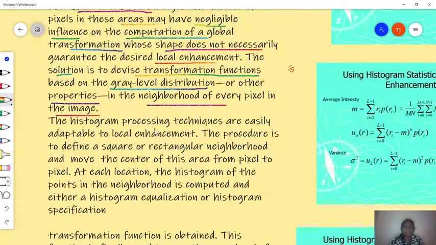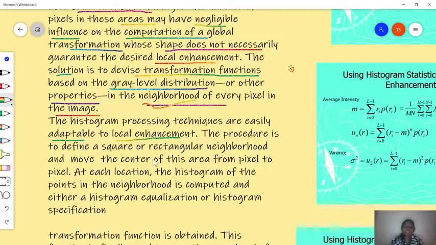Okay, and the histogram processing technique is adaptable. Then if we collect the neighborhood of every pixel within the image, we can easily adapt the local enhancement.